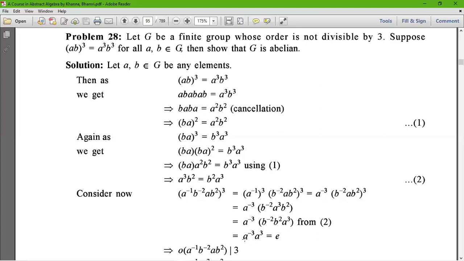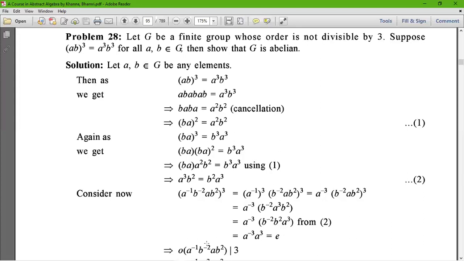Then b^-2 into b^2 is equal to e by property of the identity element. Again a^-3 into a^3 is equal to e by the property of the identity element.